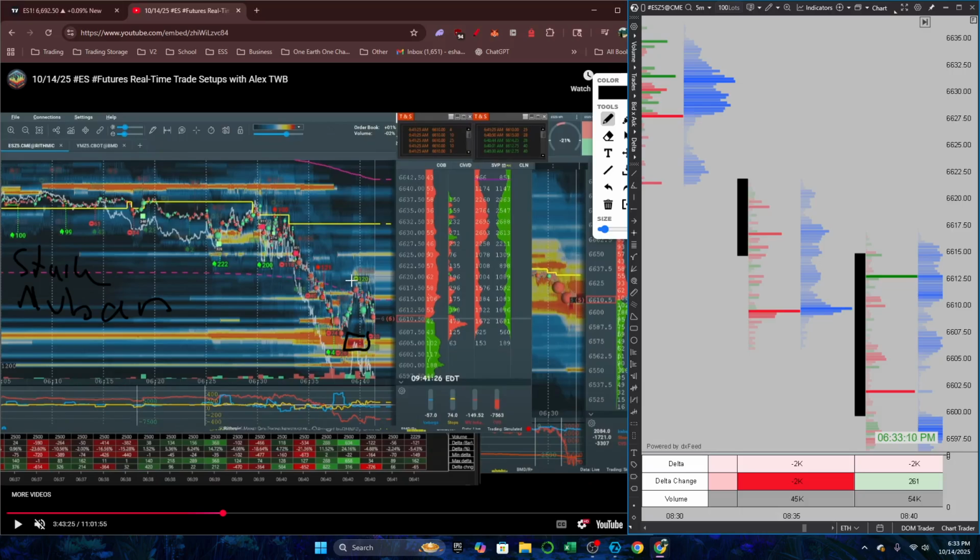Why? Because they don't know if price will be able to break this and continue moving down. And because price went up, this participant can now get a really good entry up there. So now, Stark Mubin entered shorts up there.